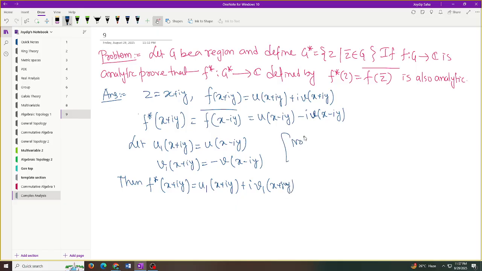Note that partial derivatives of u1 and v1 by this relation exist and they are continuous.